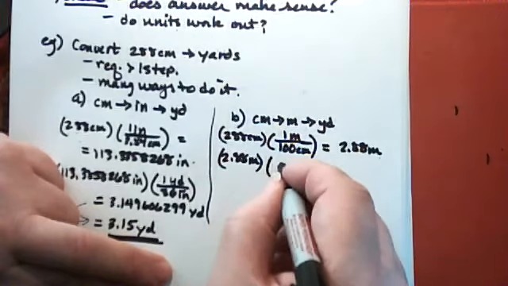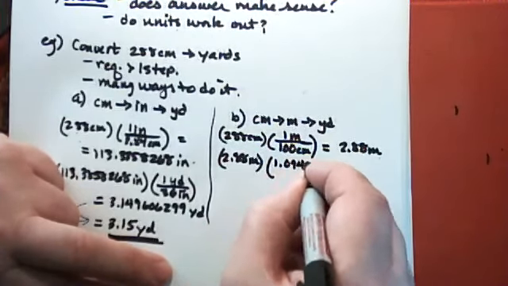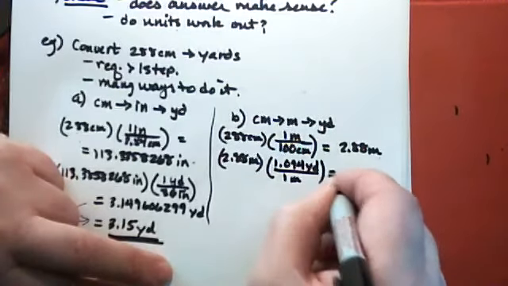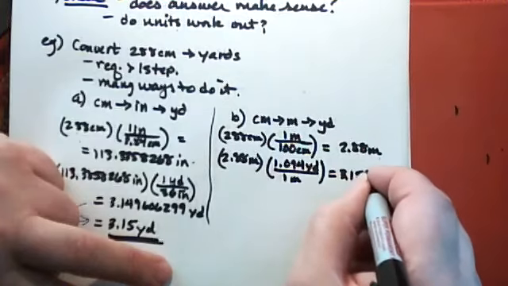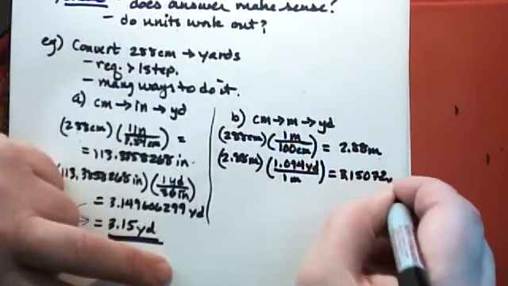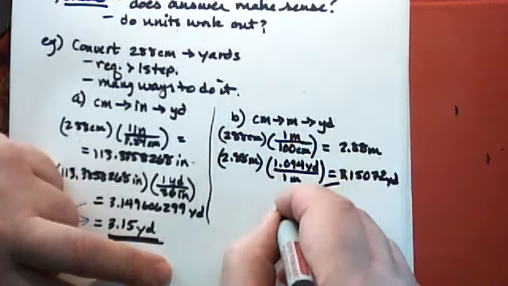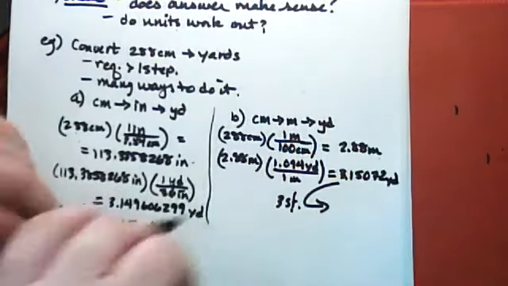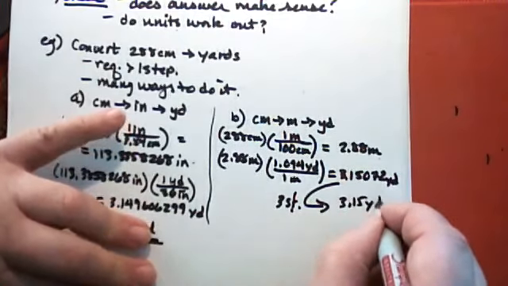And if you look up the conversion factors between yards and meters, there's 1.094 yards for every 1 meter. And you multiply that out, you get 3.15072 yards. But like before, you're limited to 3 significant figures. And so it becomes 3.15 yards.